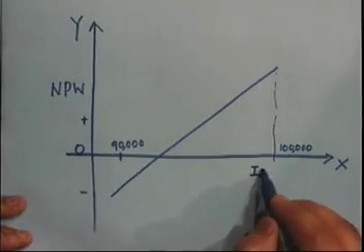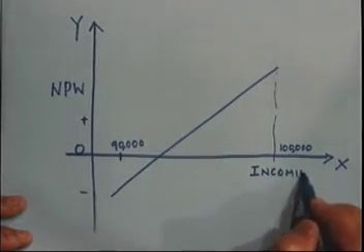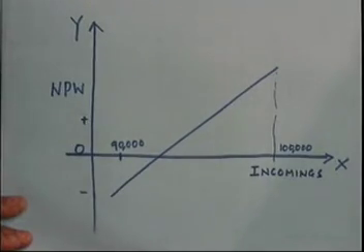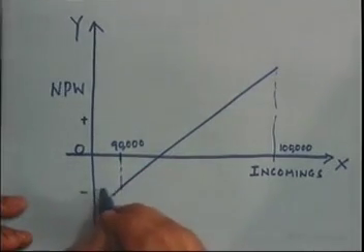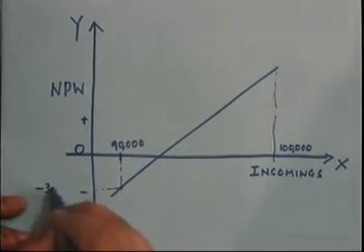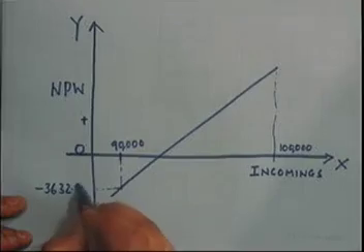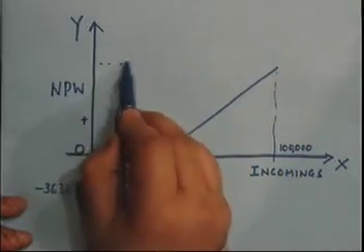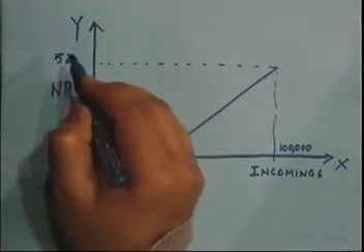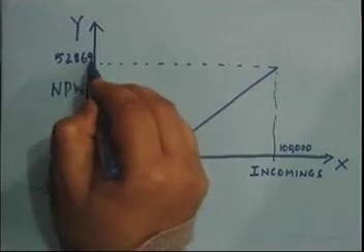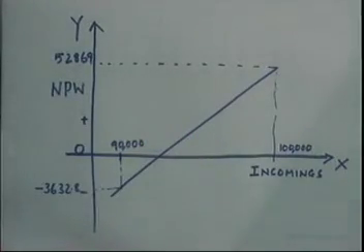On the x axis I have got incomings, on the y axis I have got net present worth. So, at 90,000 what you find is that this value is minus 3632.8. At 100,000 this is about 52,869. So, this is one way of showing the result of your sensitivity analysis.